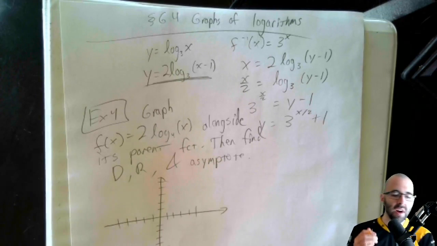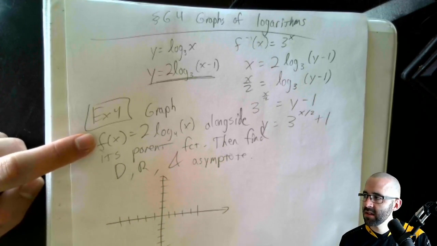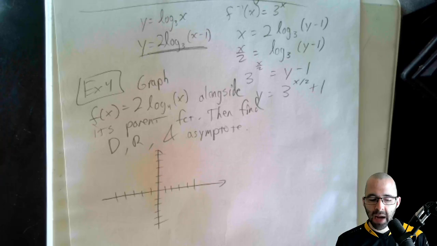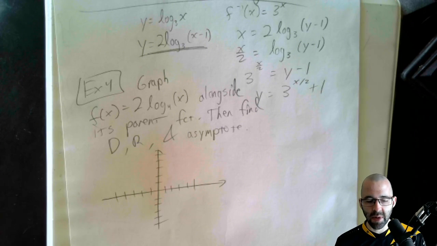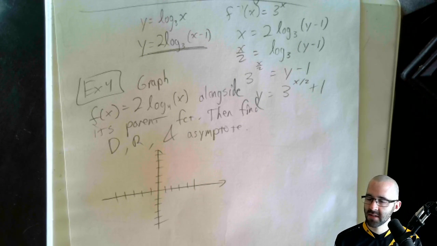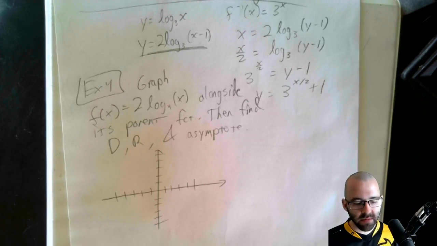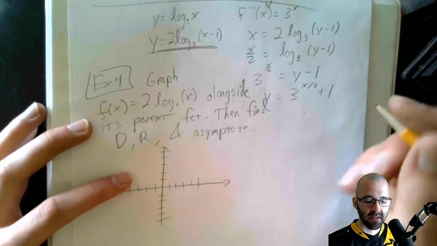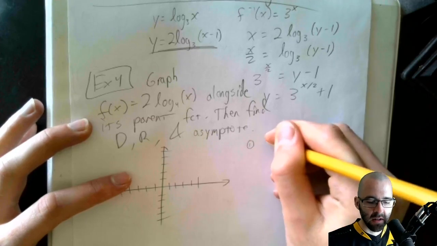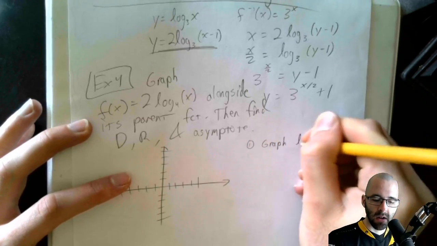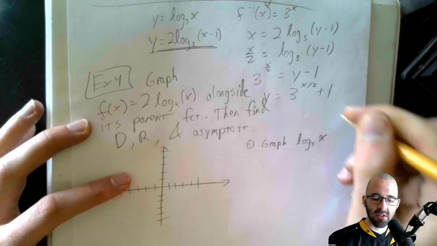So we need to graph f of x, and we need to graph its parent function, log base 4 of x. So what we can do for log base 4 of x, right? This is the parent function.